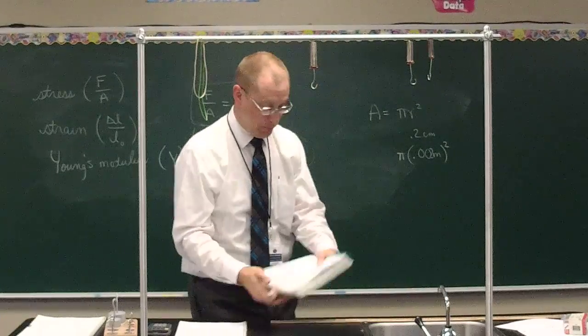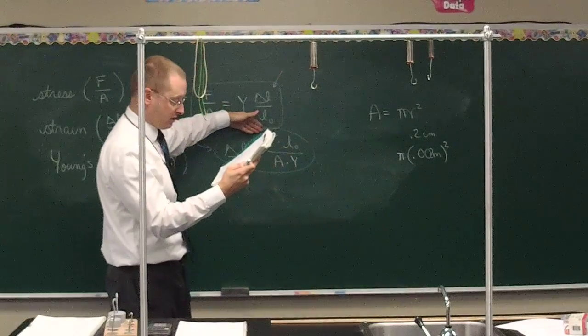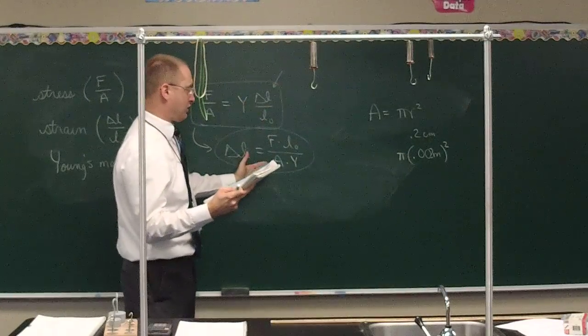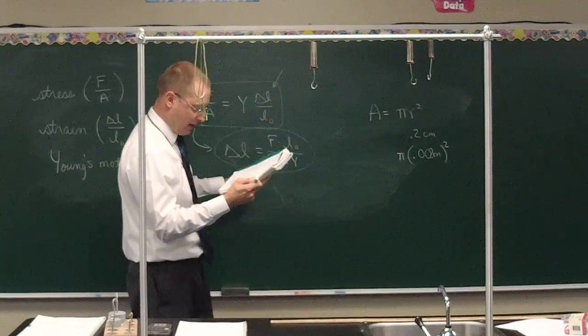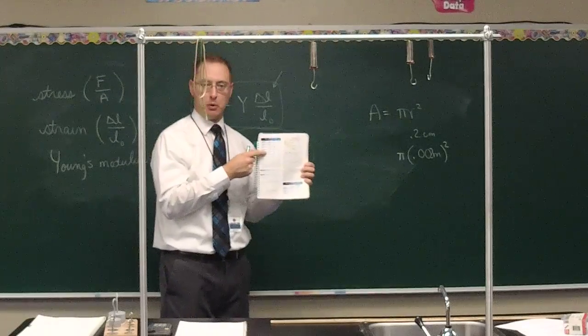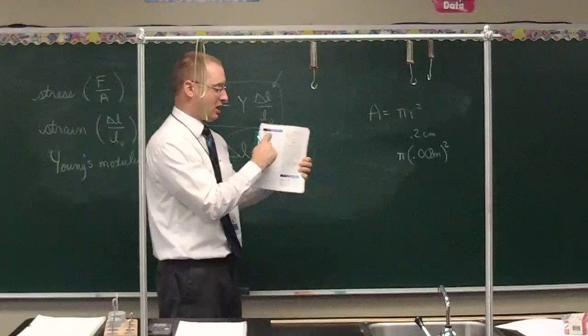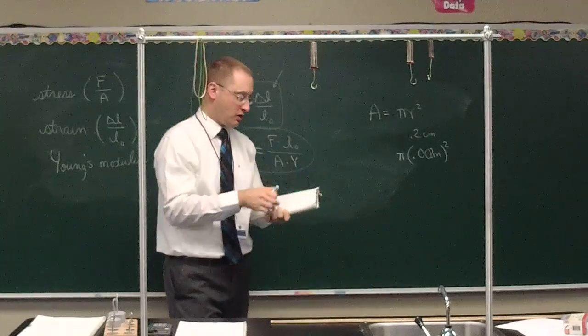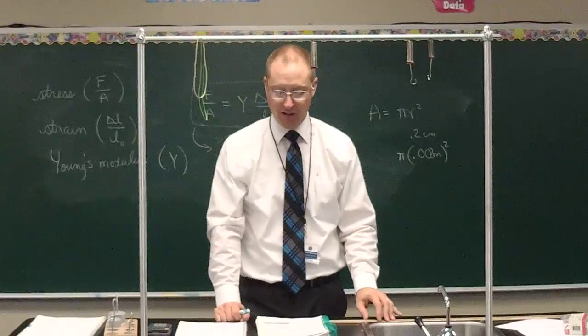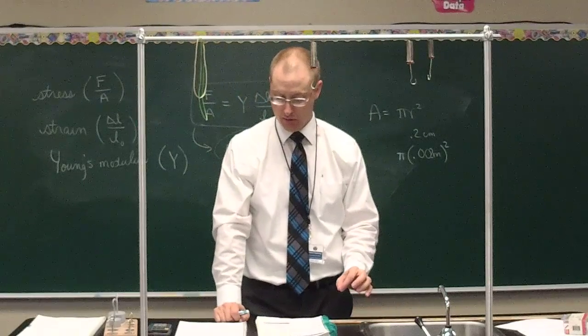So they just plugged in their numbers. They had their force of 1,470 newtons, they had their original length of 5 centimeters, their cross-sectional area, which was that crazy looking number they found, and then the Young's modulus. That's on this table here. Notice there's 3 columns, but all we care about right now is the Y, the Young's modulus. And notice that a tendon has a Young's modulus of 0.5, what?